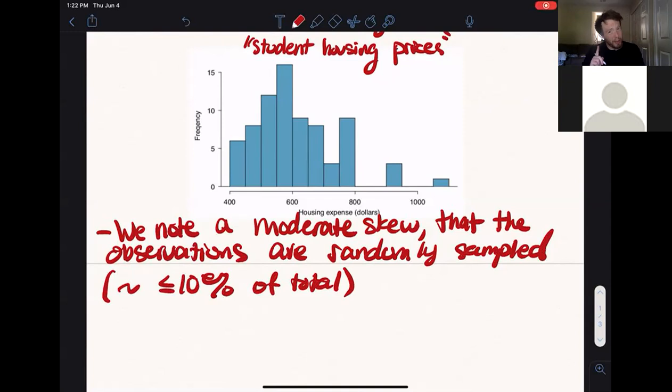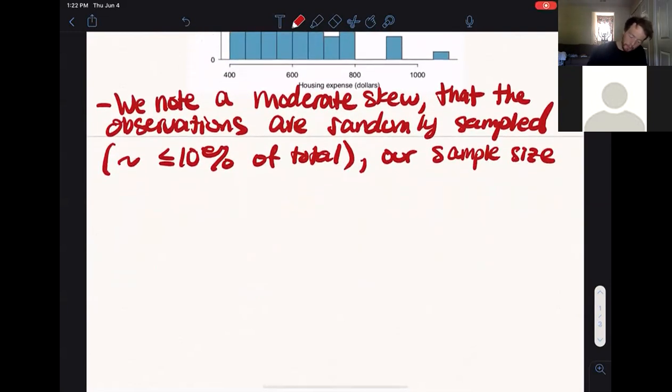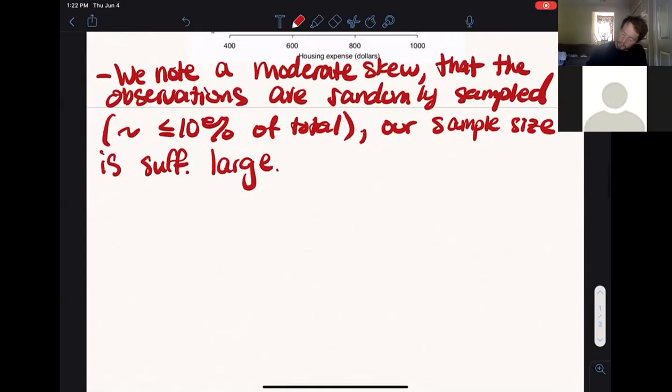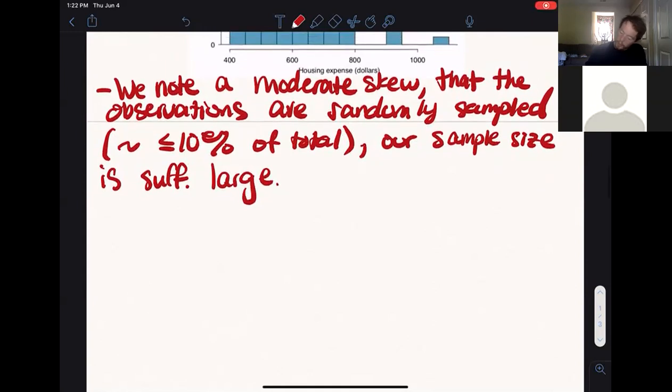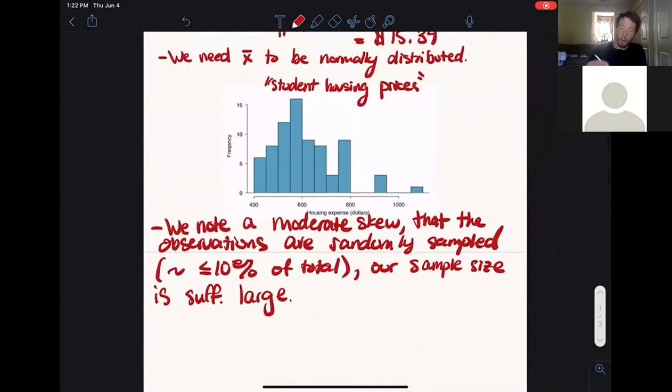We do note a moderate skew, but our sample size is sufficiently large. It's 75, that's big enough. So I would say in this case that our sample size is large enough to overcome the fact that there does appear to be a skew.